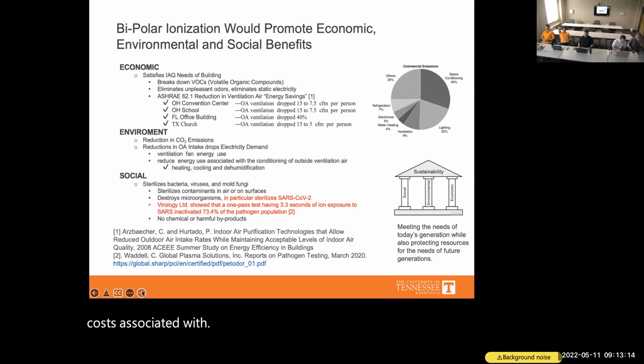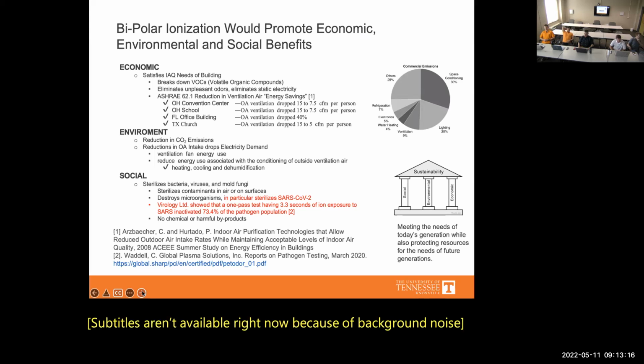There are also a lot of benefits for the environment, such as a reduction in CO2 emissions and other carbon compounds. There is also a reduction in outside air intake, which reduces the amount of electricity demand.